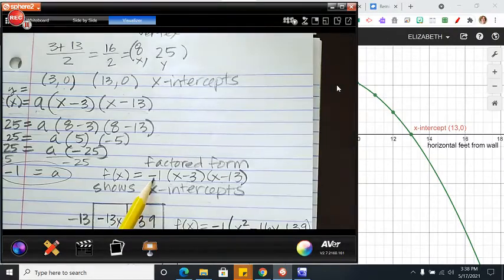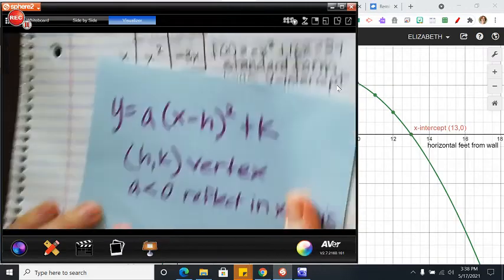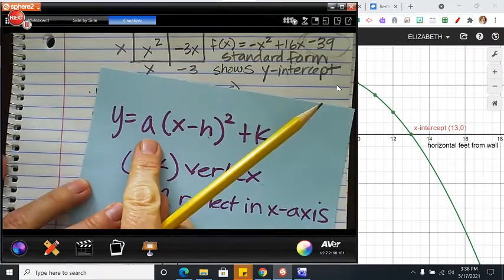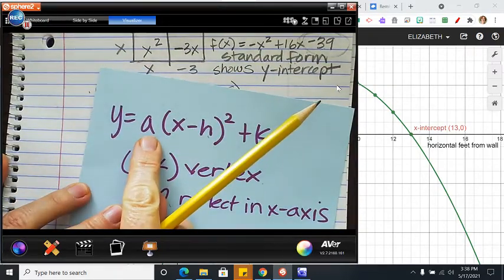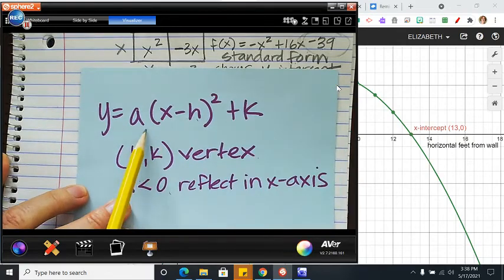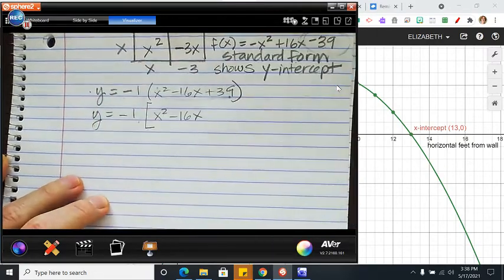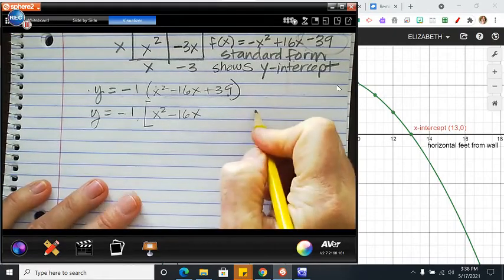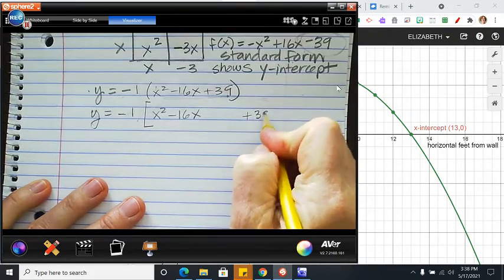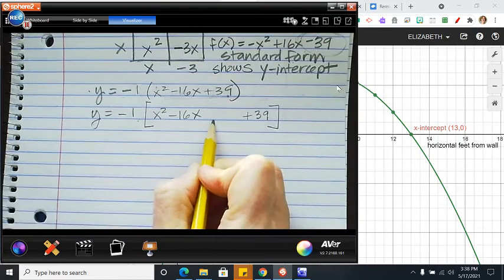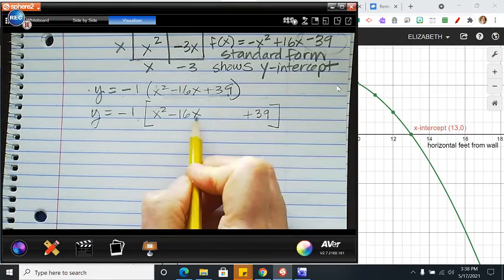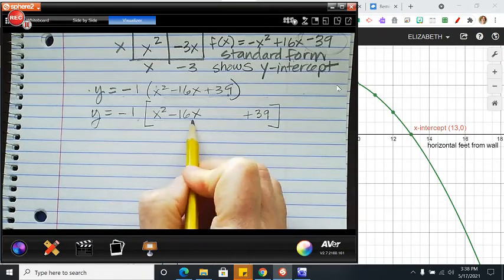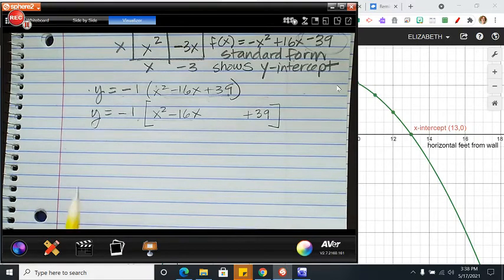We figured out that this had to be negative 1. Same thing here, and we're just going to have a as negative 1 out in front of the entire equation. Okay, so I'm going to move 39 over a little bit because I'm going to add what is going to force x squared minus 16 to be a square.